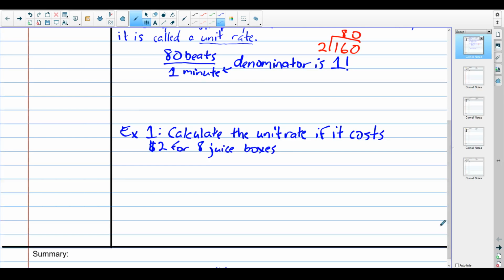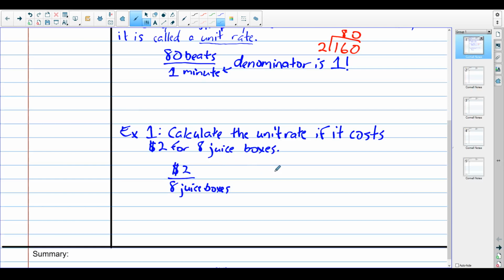For the next example, calculate the unit rate if it costs $2 for 8 juice boxes. So you'd write a rate. If it doesn't specify, we just go in order from left to right. So we have $2 on top over 8 boxes. Spelled it wrong. Juice boxes. Okay.